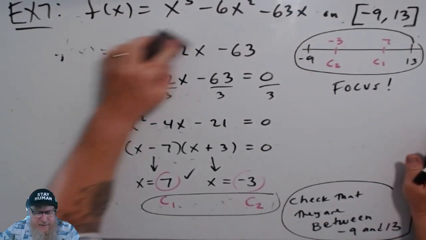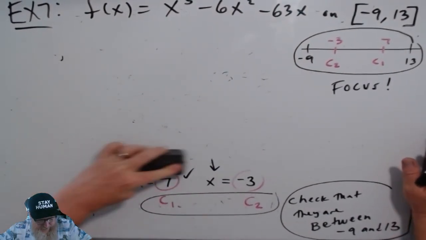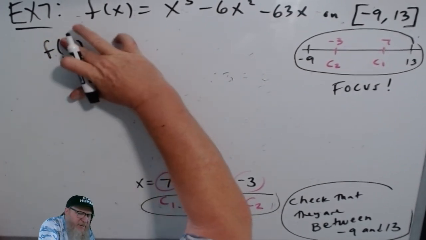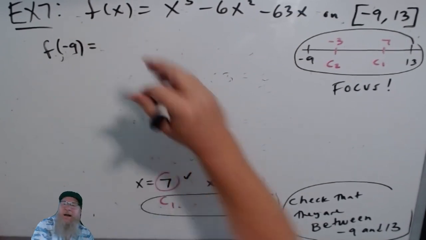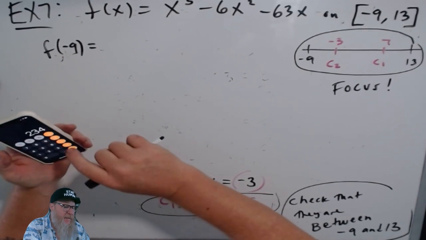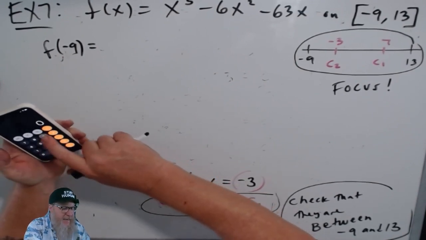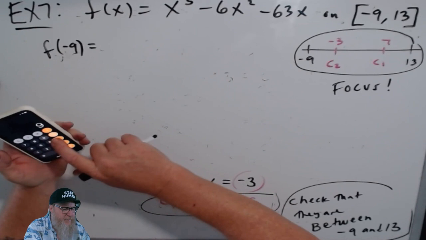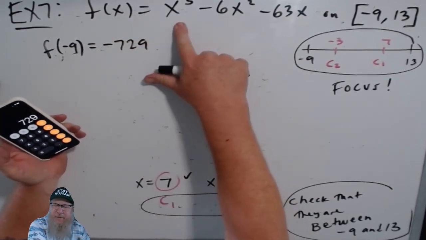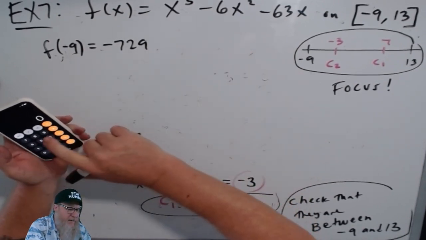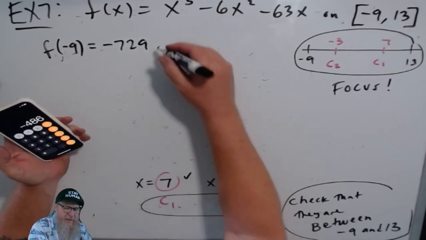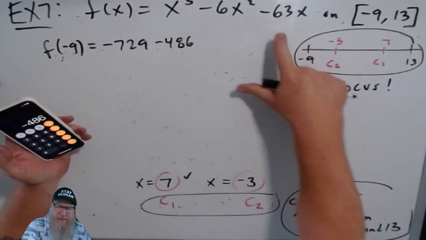All right, let's go ahead and test them. You could do them in any order you like. Evaluating the function to test, if you like, who is the max and who is the min. I'm going to go from left to right. So we'll start with negative 9. I use the original function. So negative 9 cubed, negative 729. Negative 9 squared is 81. 81 times negative 6 is negative 486.